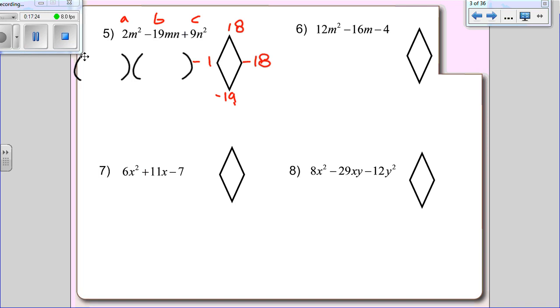So I need two things here that would multiply to be 2m squared. So I need m and m, obviously, but I also need one of these to be a 2. And I don't know which one is going to be a 2. I have no way of telling. So I make both of them a 2.